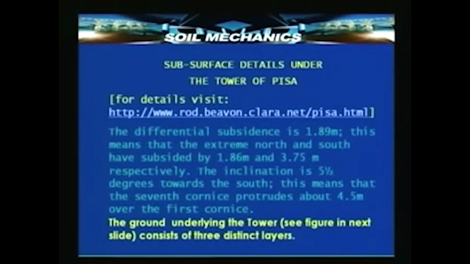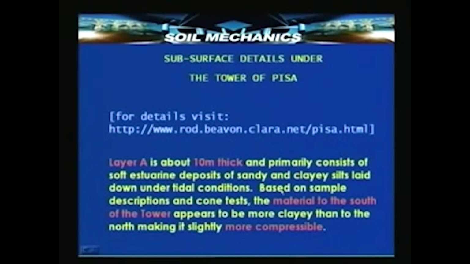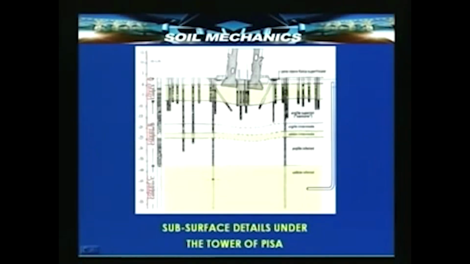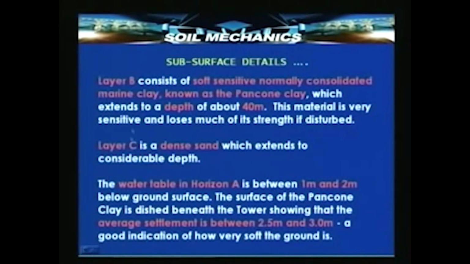Now, what is the reason for this settlement? You can see a lot of details about this, including the details of restoration, in the website which I have listed here. The prime reason is the subsurface condition. There is a layer A which is 10 meters thick, which basically consists of deposits of sandy and clayey silts. Below that there is a layer B, and below that a layer C. Layer B consists of sensitive, normally consolidated marine clay.